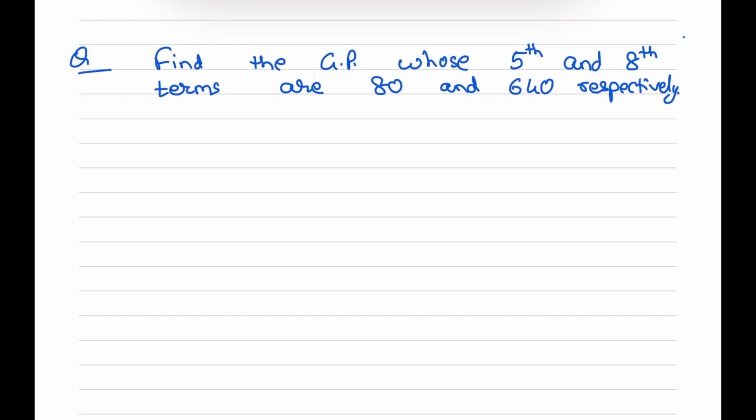We move on to the next question, which says: find the geometric progression whose fifth term and eighth term are 80 and 640 respectively. So we are given the fifth term T5 equals 80 and the eighth term T8 equals 640.